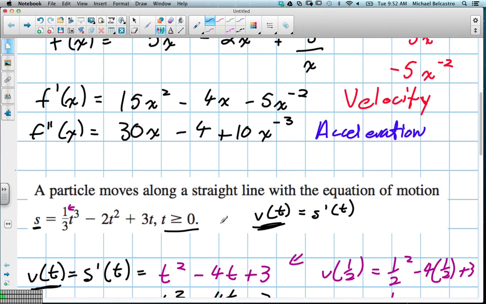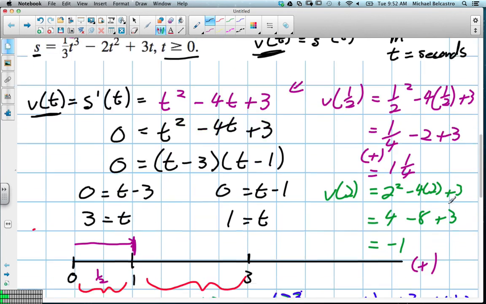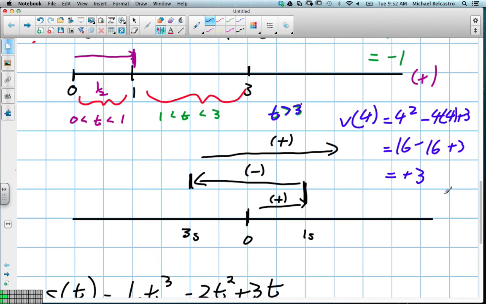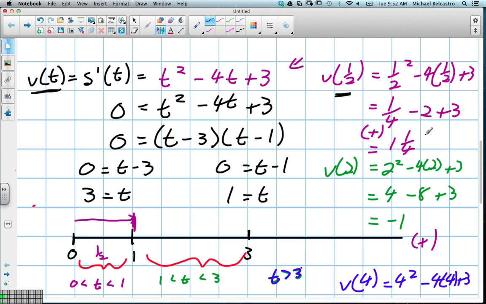Now, did they give us parameters here, meters per second or anything? No, they didn't. So let's say that this is moving in terms of meters and t is time, so our object is moving in meters per second, t being seconds. If we were to denote this, our velocity, when it was positive, at a half second, we were moving at 1 1/4, so 1.25 meters per second.